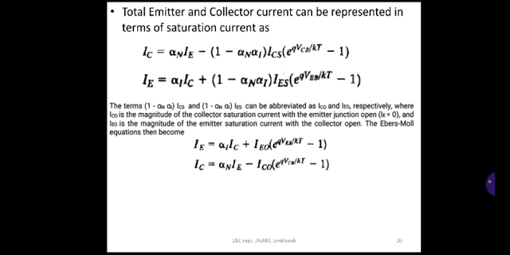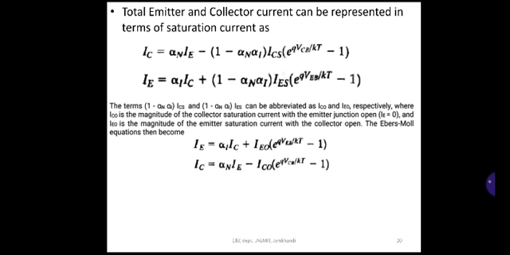So the terms 1 minus alpha N alpha I into ICS and 1 minus alpha N alpha I IES can be abbreviated as ICO and IEO respectively, where ICO is the magnitude of the collector saturation current with emitter junction open, that is IE equal to 0, and IEO is the magnitude of the emitter saturation current with collector open.